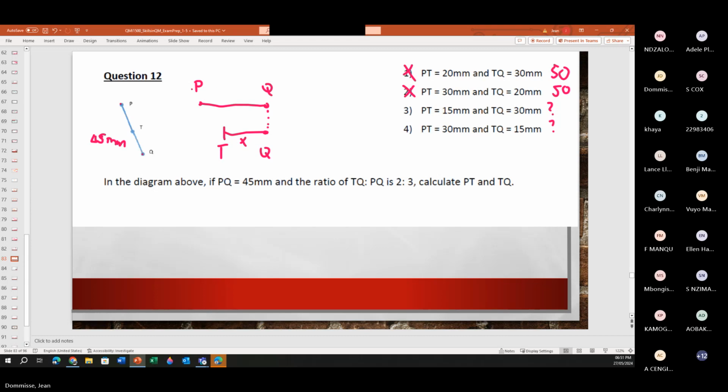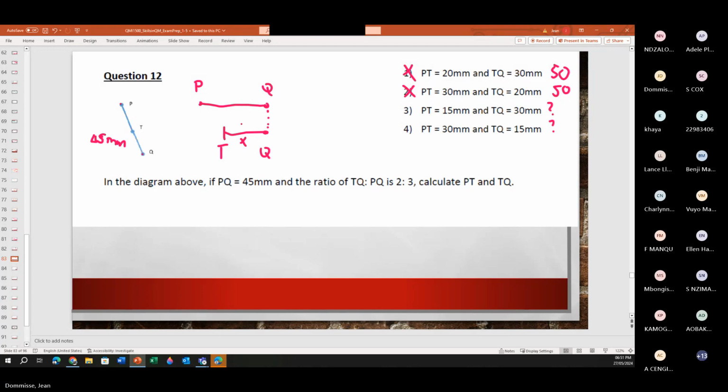Okay, so whatever this answer is, PQ is longer than TQ. I wonder if this is not a bit wrong.